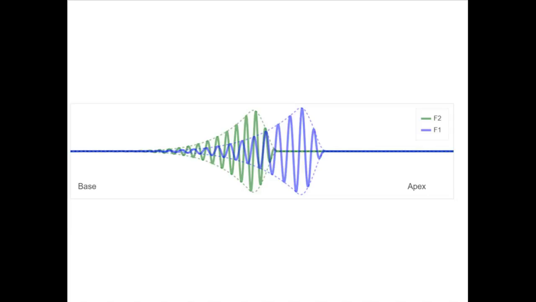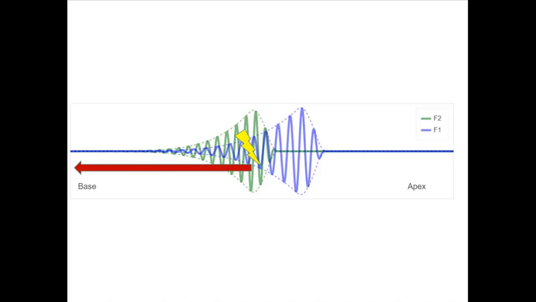Now, the DP, the 2F1 minus F2 component, requires both tones to be present in order to generate that distortion. So we know that somewhere around here some magic happens and the distortion is created, and it travels back to the middle ear, to the ear canal where we measure it.